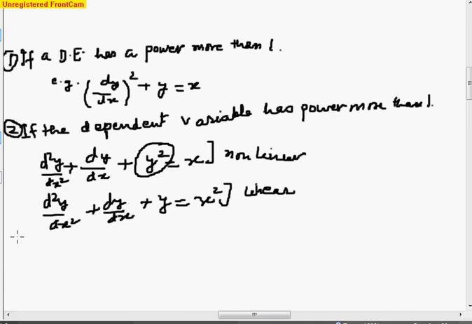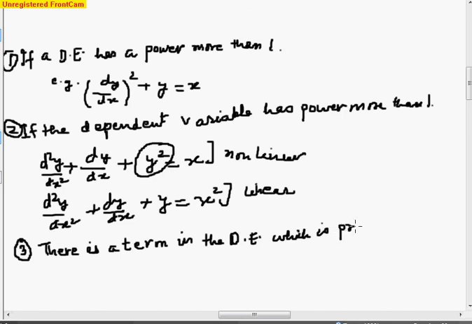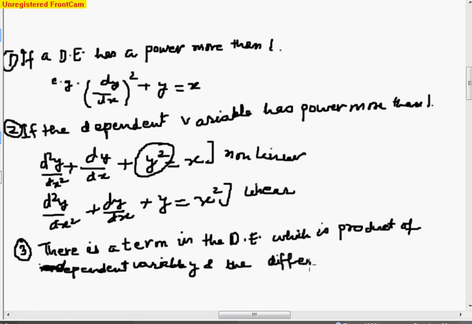The third point is, there is a term in the differential equation which is a product of the dependent variable y and the differential coefficient. For example, I'll show you.